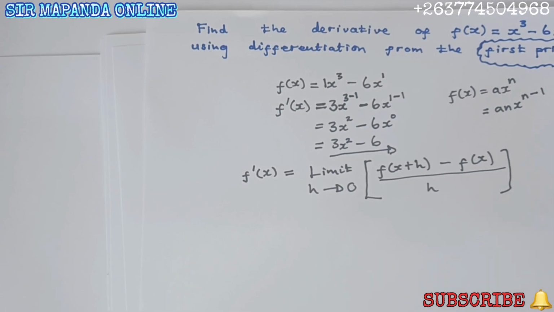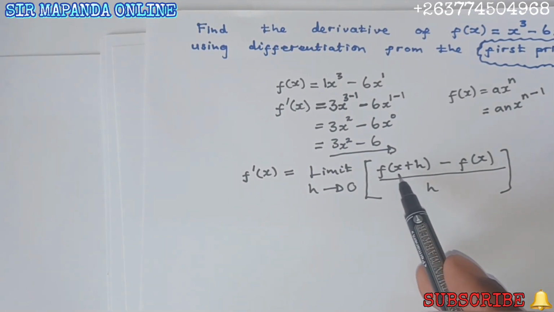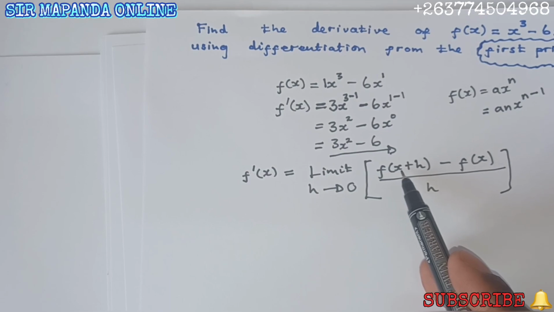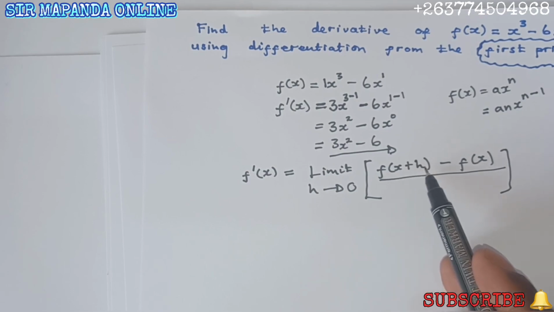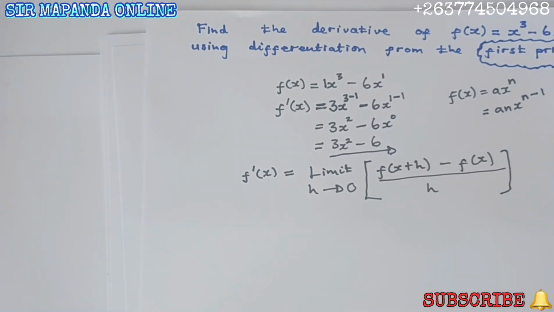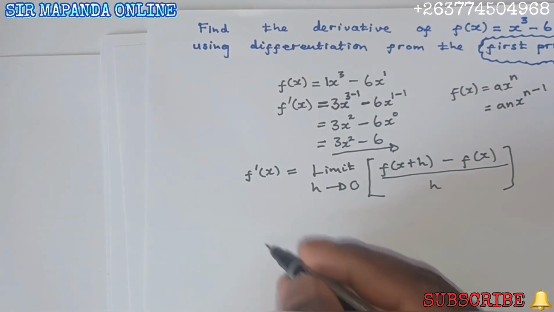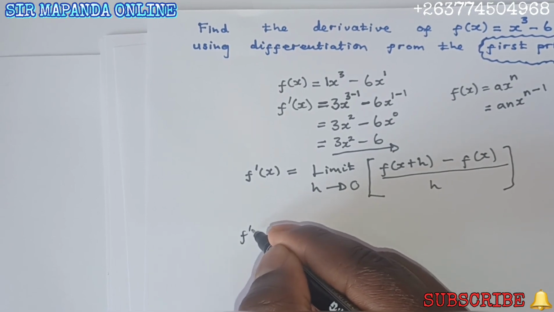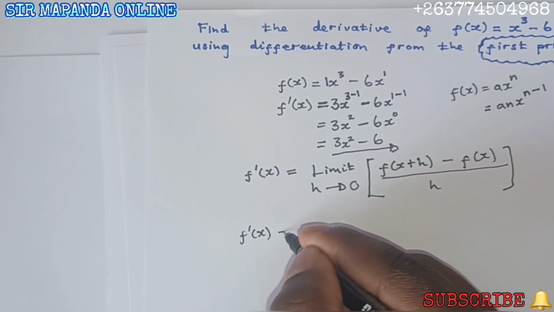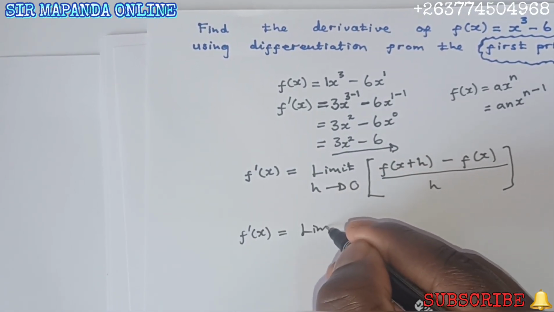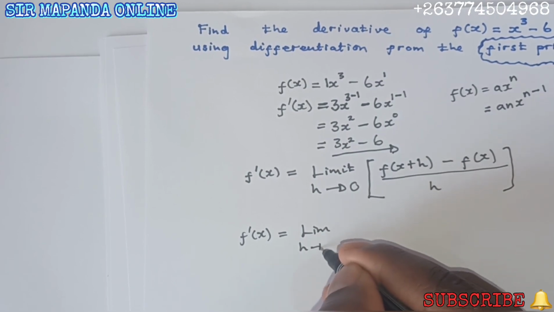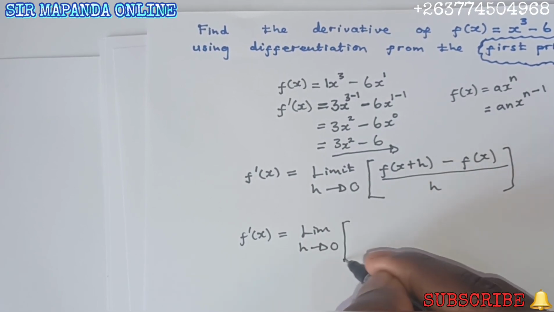So what I'm going to do is I'm going to substitute f of x plus h in the original function x cubed minus 6x. So if I move to the next stage, start by writing your limit. H is approaching 0, something like this.